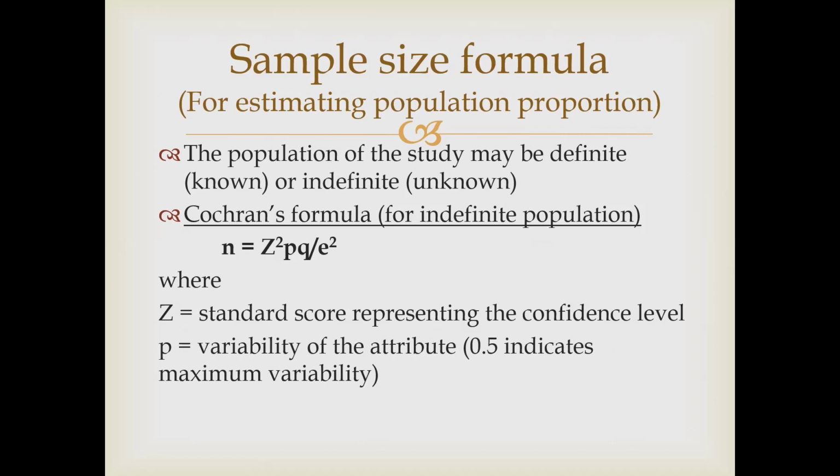There we take 0.5 because that indicates the maximum variability. So we are assuming that there is maximum variability. So variability of the attribute is taken as 0.5. Q is 1 minus P. So that again will be 0.5. E is the precision, the first factor. Precision required. Desired level of precision, 3%, 4%, 5%.